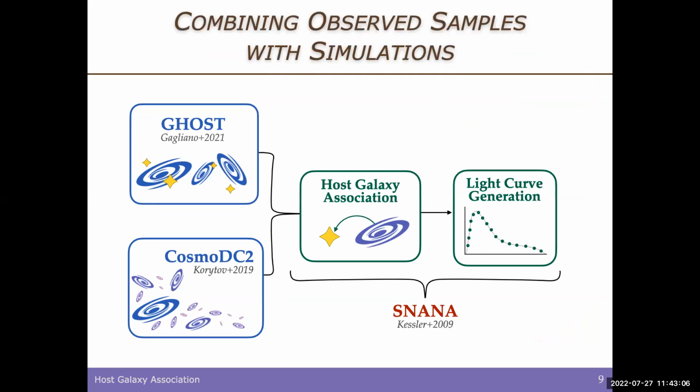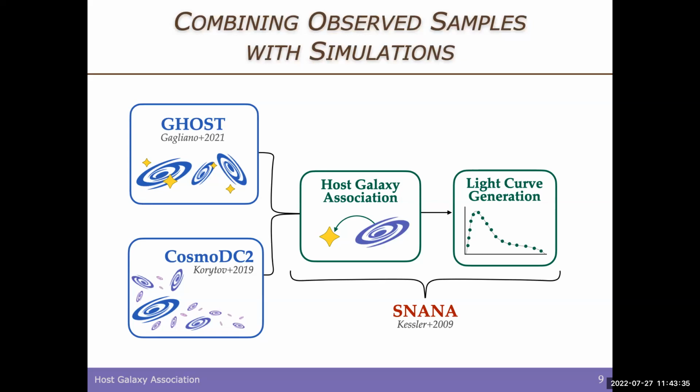So at its core, the simulation that we're building on top of is SNANA, which is a code developed by Rick Kessler, who's on the Zoom, I believe. And SNANA is a forward model which starts from a rest frame SED from a series of different transients and then propagates through all of the observational effects that we think we're going to have happen and simulates different LSST passbands for individual observations.